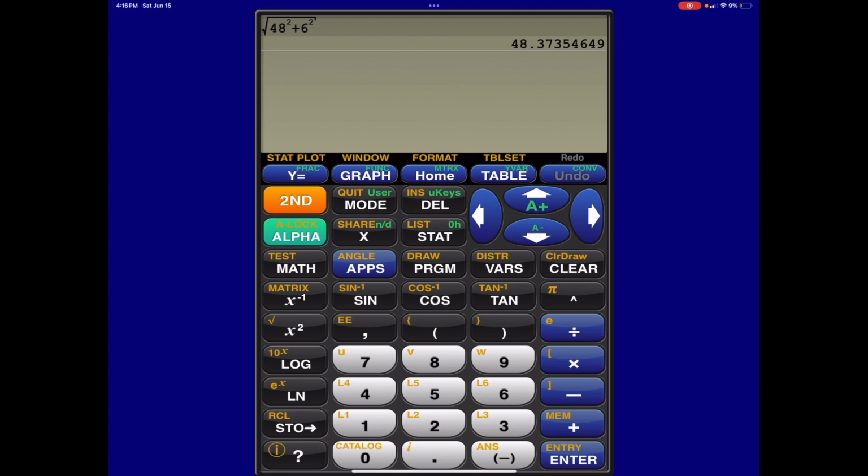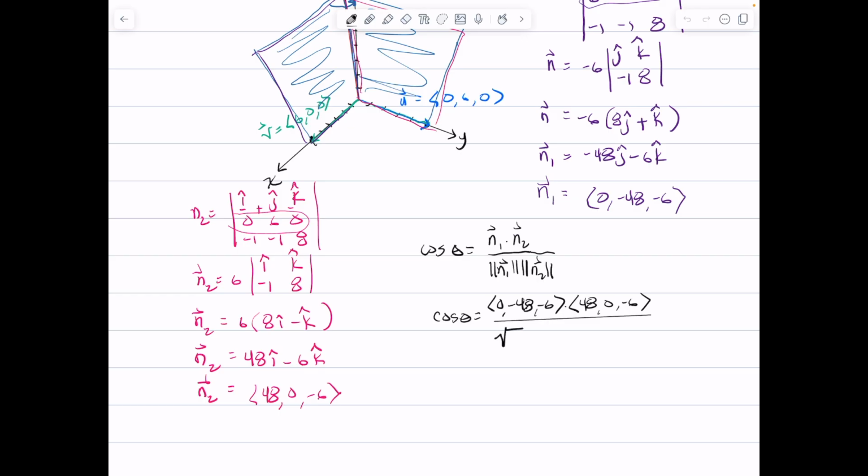Let's just find out what is 48 squared plus 6 squared. That's 2340. So that'll be root 2340 times root 2340, because the negatives square away. So cosine theta is just going to be 0 times 48 is 0. Negative 48 times 0 is 0. So we'll have 36 over 2340.